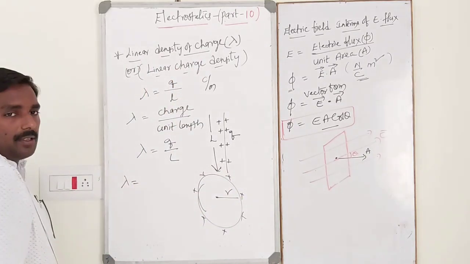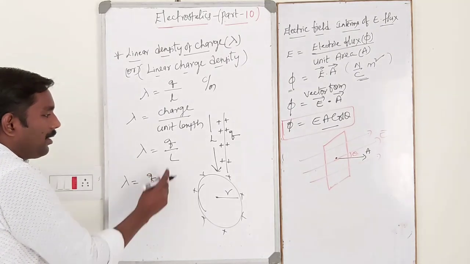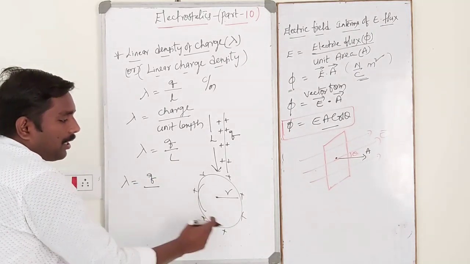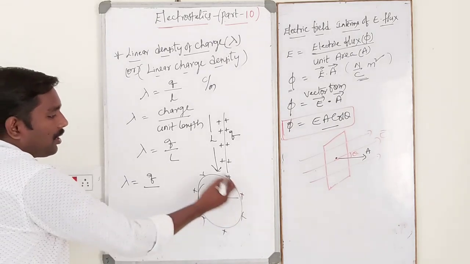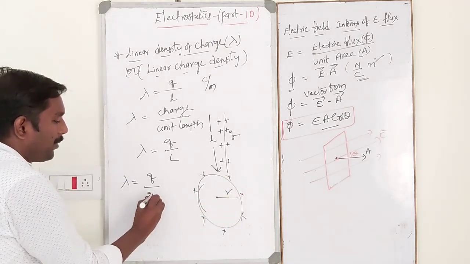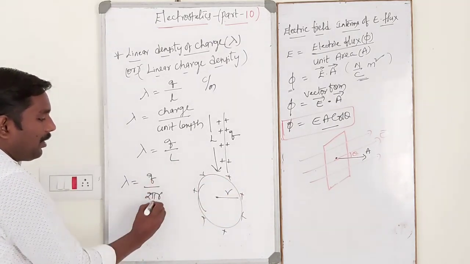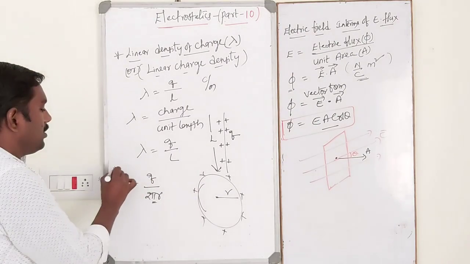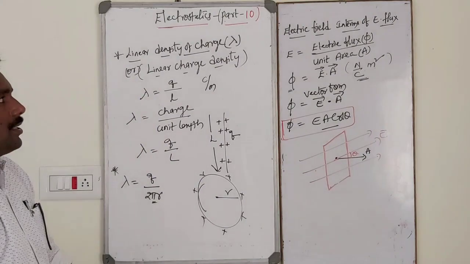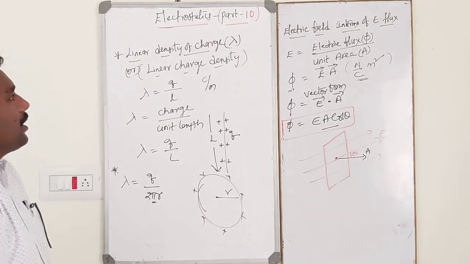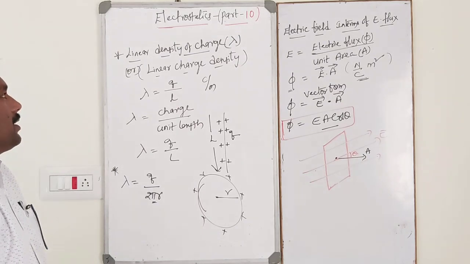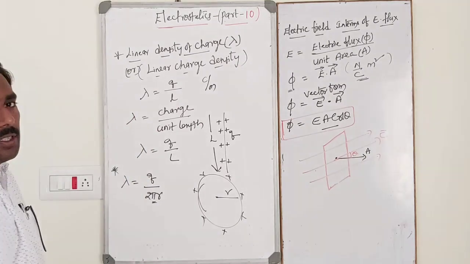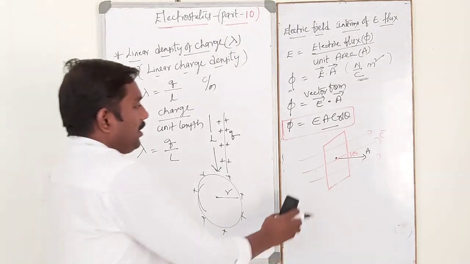Charge per length. Total circumference is 2 pi r, so lambda is Q by 2 pi r. This is the first type of distribution of charges, linear charge density.